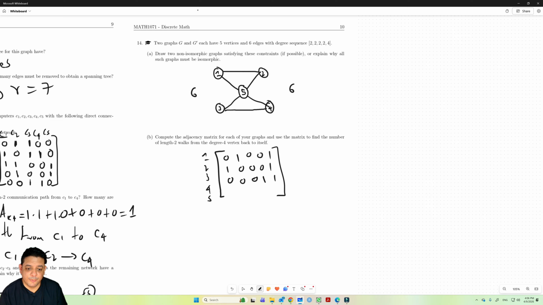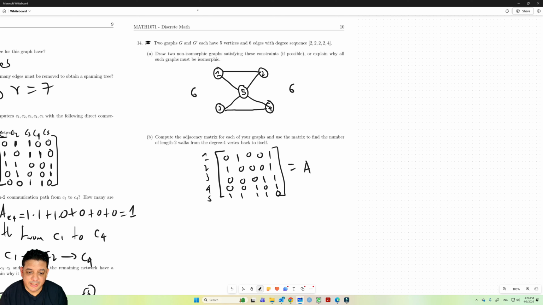And 4 is connected to 3 and to 5. And last, 5 is connected to everyone but itself. So this is going to be the adjacency matrix for this.